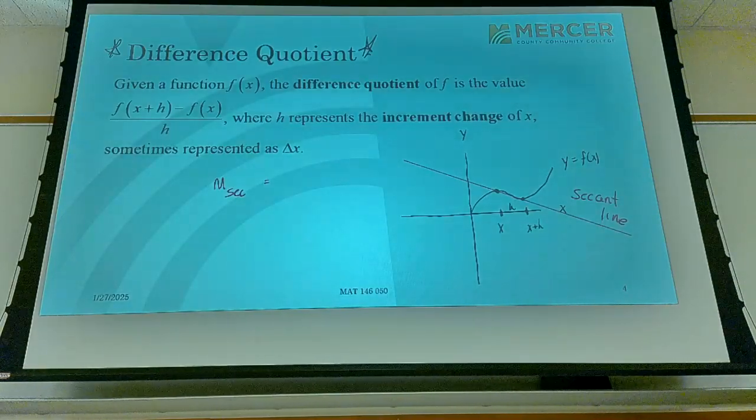Oh, we're taking the 2 points. Isn't it y2 minus y1 over... I know what equation it is in my head, but I can't... Delta y over delta x. Rise over run.